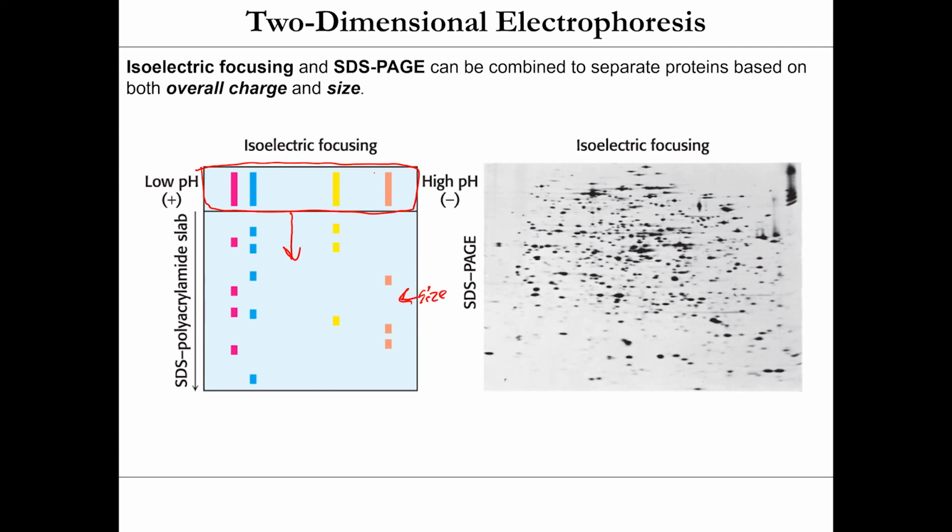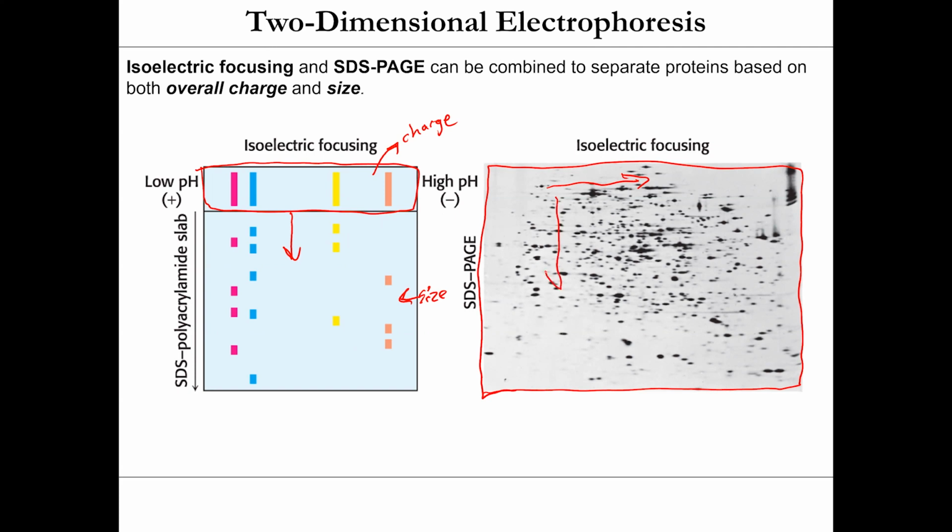So two-dimensional electrophoresis really allows you to separate proteins out, and it would give you a sort of gel that looked like this, where the proteins aren't just in a line in one lane, they're actually spread out over 2 dimensions, so hence two-dimensional electrophoresis. And those 2 dimensions, of course, are overall charge of the protein and the size of the protein.